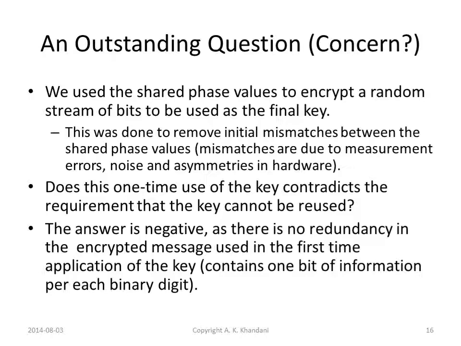In this process of generating the key, if you recall, we started by providing the legitimate parties with a set of shared phase values. And then those shared phase values were like a key, the initial key. But we use those to encrypt a bunch of binary numbers which were transferred from Alice to Bob, and those binary values form the final binary key.